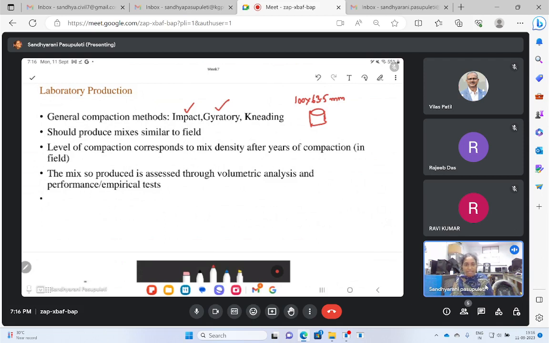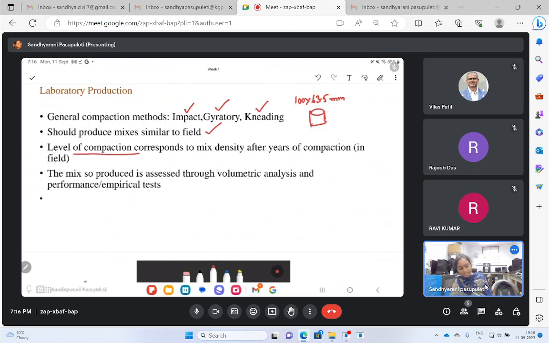In gyratory compaction we shear the material and compress or press the material, and we always indicate that gyratory compaction is the most field representative compaction. Another is the kneading action, in which we press the material forward and backward, and this is not widely used nowadays. So these mixes should be similar to the field mixes, that is one of the criteria, along with the level of compaction we are applying.